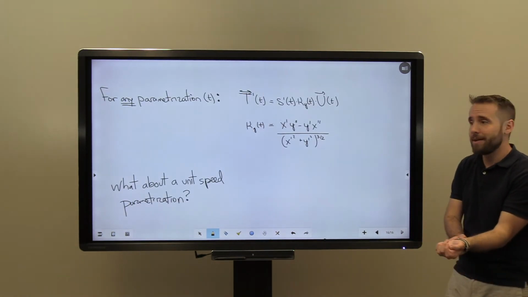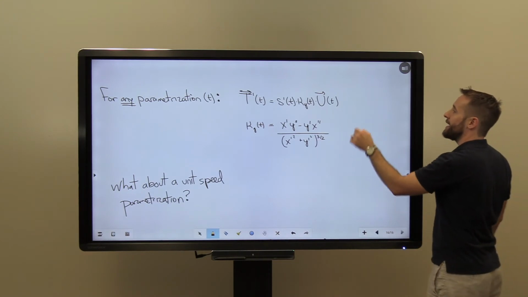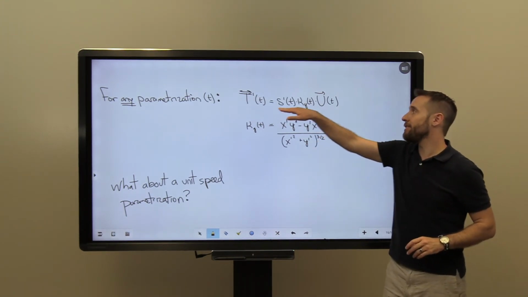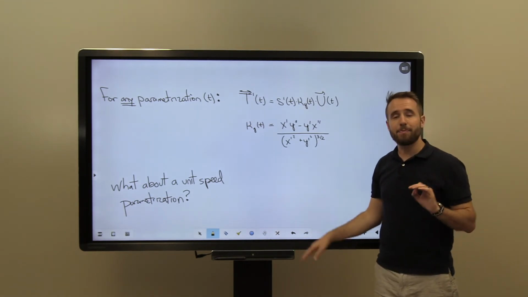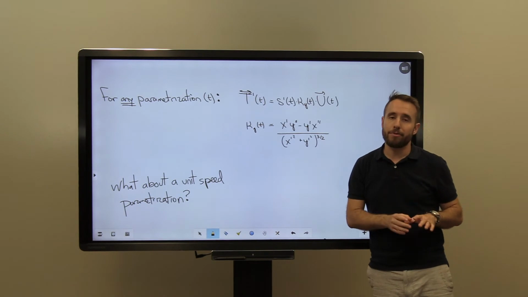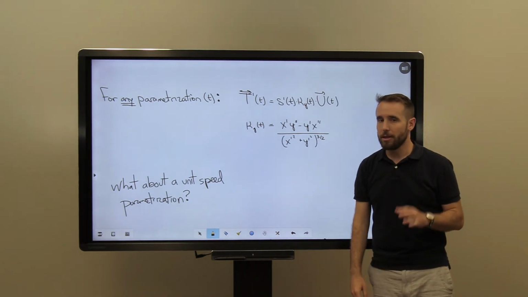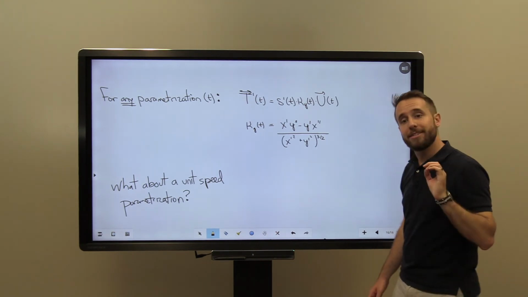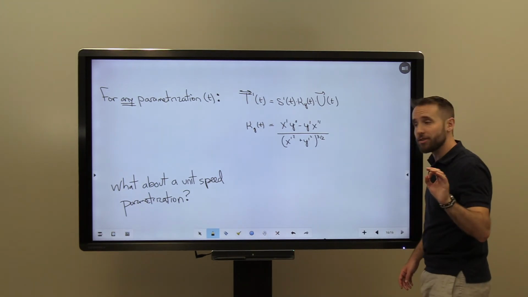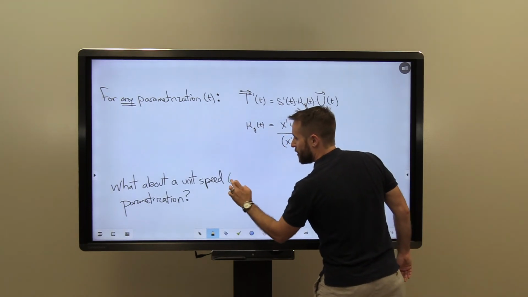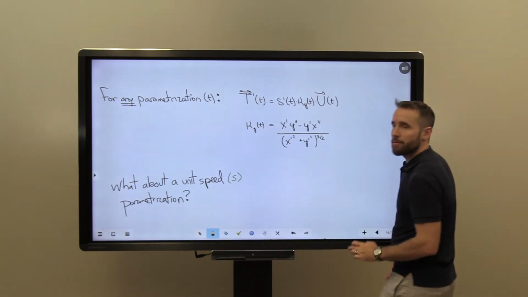So for any parameterization, we have these two defining characteristics of curvature. First, our implicit definition, and then the explicit formula that we computed. So for any parameterization, both of these hold true. My question is, what about a specifically unit speed parameterization? And as a reminder, for a unit speed parameterization, we're often looking at the parameter s.